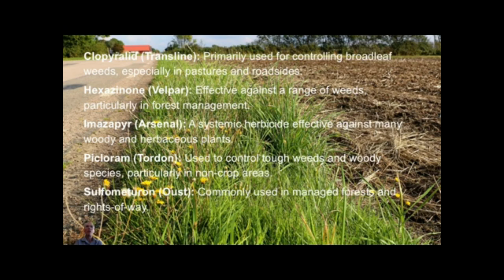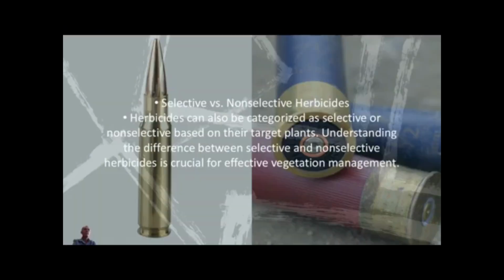Imazapyr (Arsenal), a systemic herbicide effective against many woody and herbaceous plants. Picloram (Tordon), used to control tough weeds and woody species, particularly in non-crop areas. Sulfometuron (Oust), commonly used in managed forest and rights-of-way.